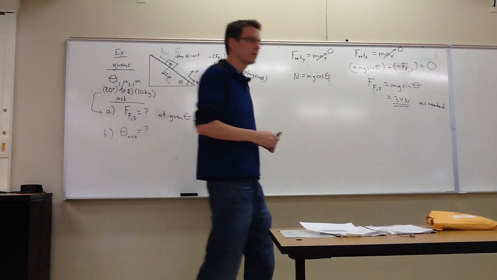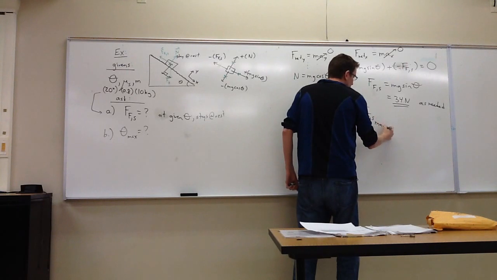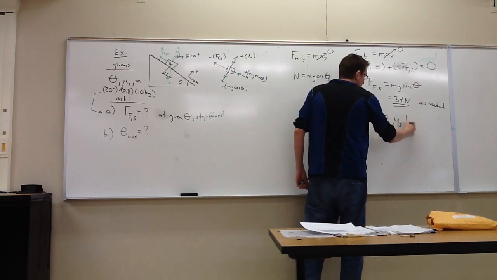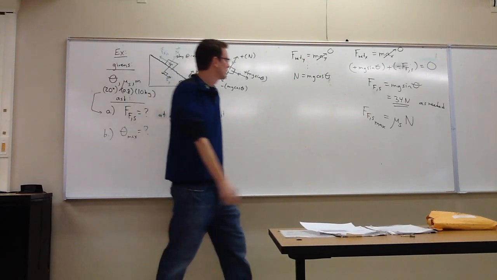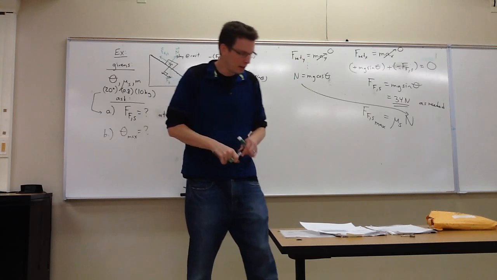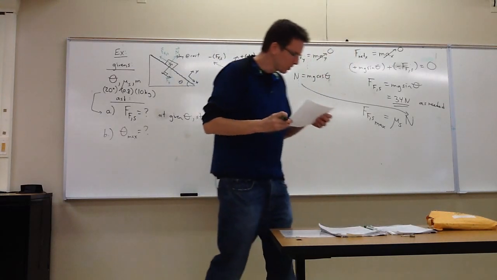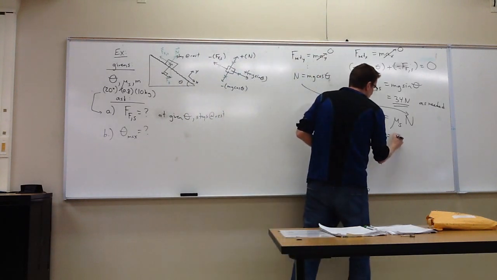I want to point out that the maximum static frictional force in this situation, of course, you can use that formula like this. You can plug in what the normal force is, and I'm here to tell you that that force comes out to be 74 newtons.